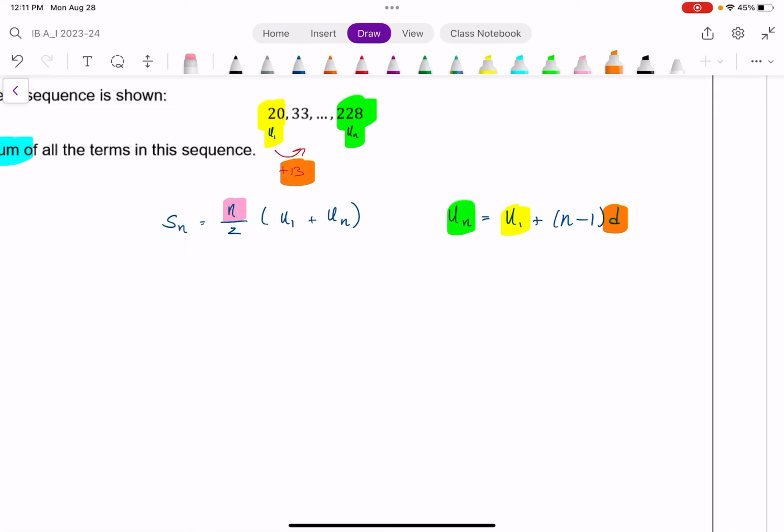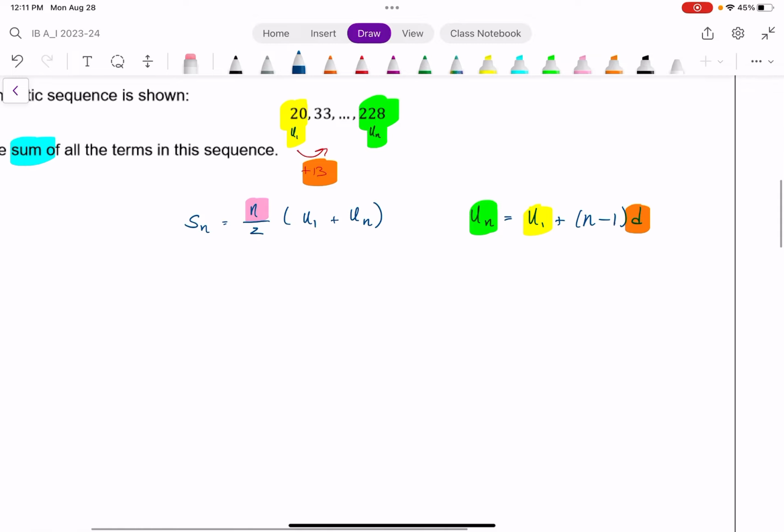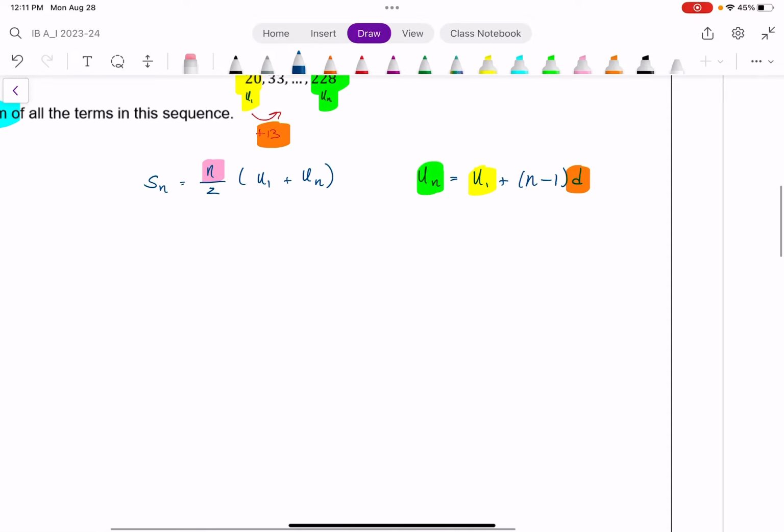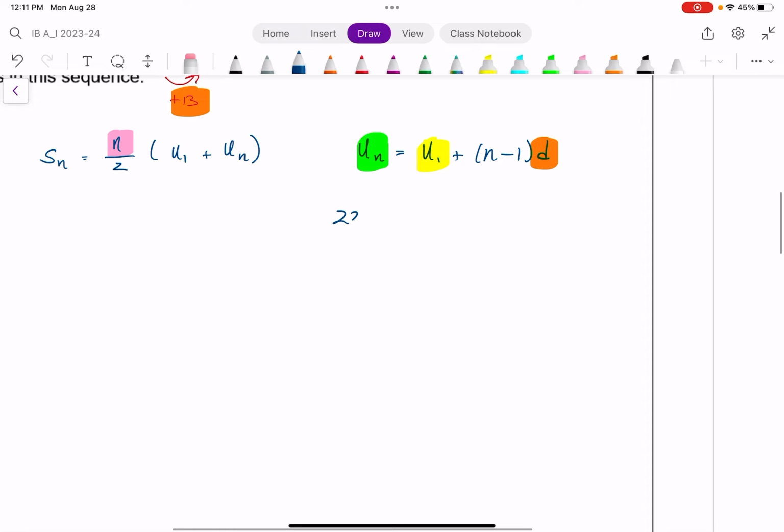And so quite quickly I can solve this algebraically. We fairly quickly get to n equals 17.